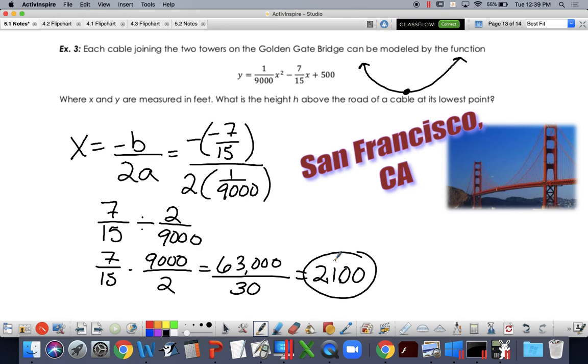Now let's see how high up that cable is. So I'm going to take this 2,100 and plug it in for x. I might use my calculator on this one.